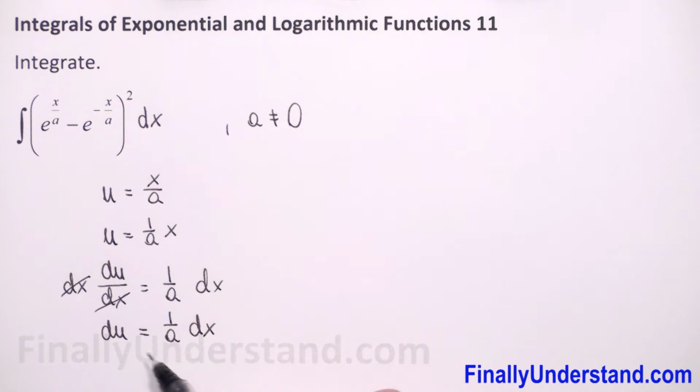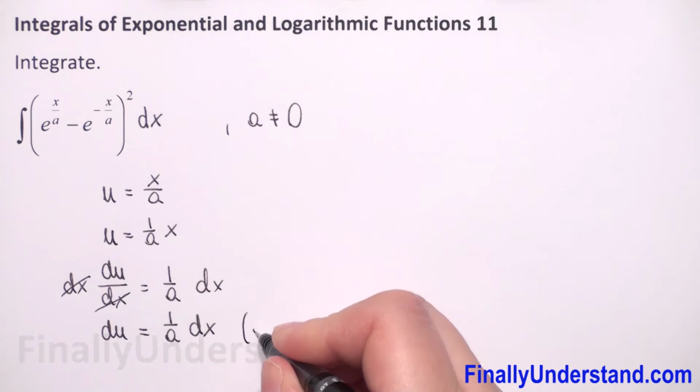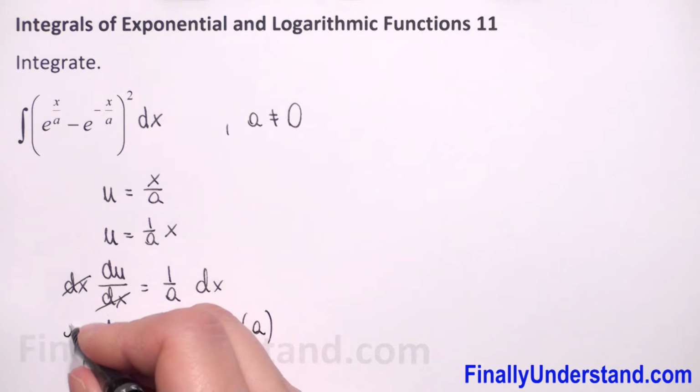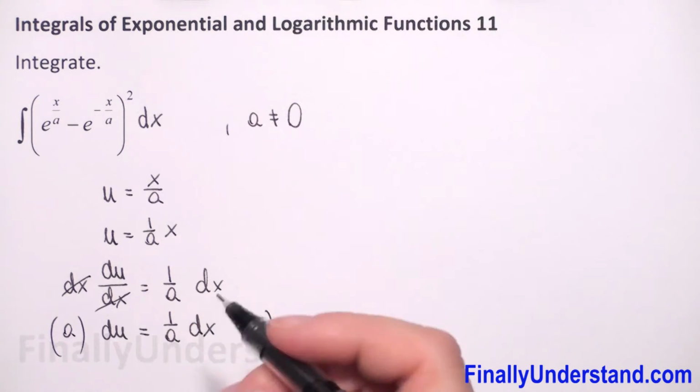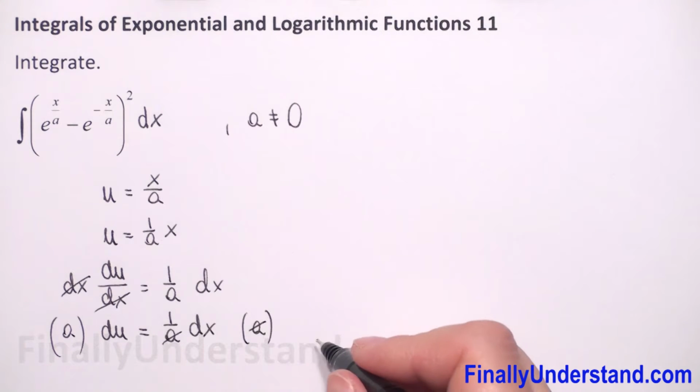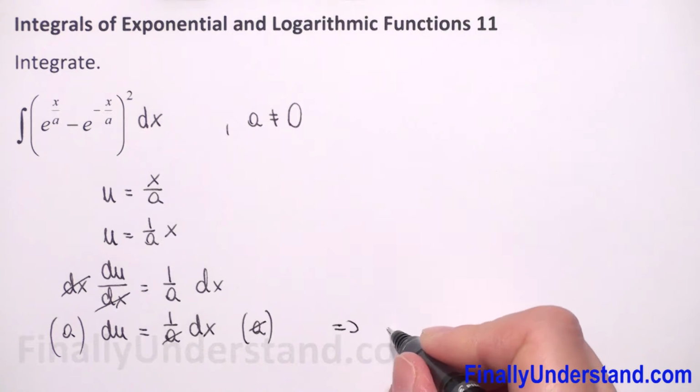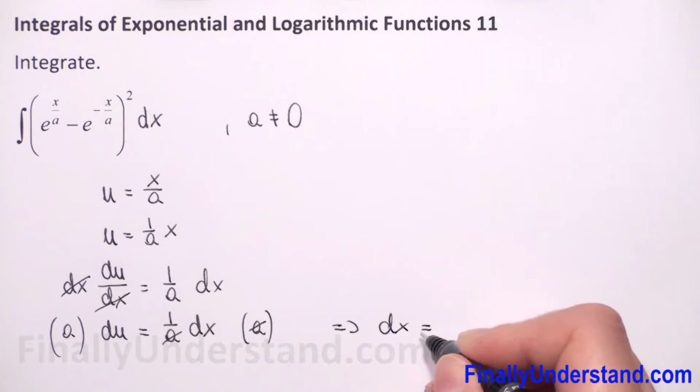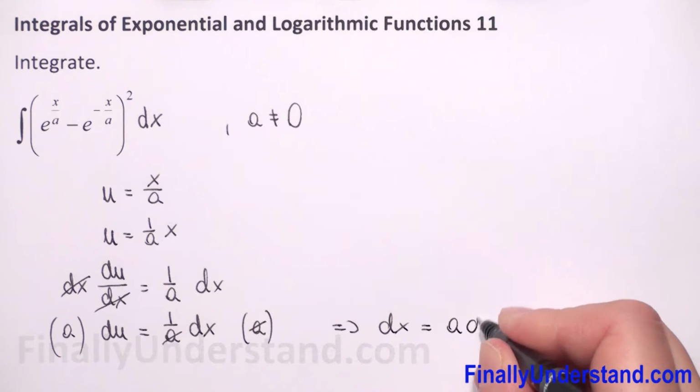We found that du is equal to 1 over a dx. So to find what dx equals, we will multiply both sides by a. a and a we can reduce, and we have dx is equal to a du.